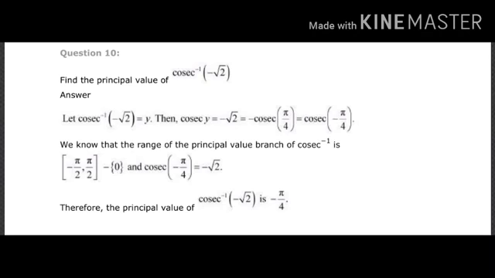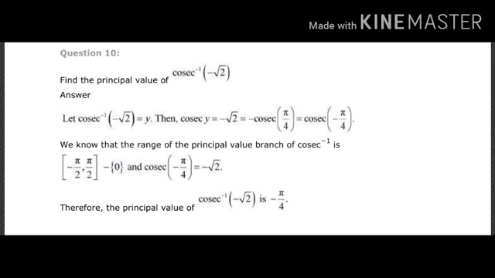Now question number 10 says find the principal value of cosec inverse minus root 2. Let the question equal y, then cosec y is equal to minus root 2. Root 2 is cosec pi by 4. If you take this minus inside, it will be cosec minus pi by 4. According to trigonometry, we are allowed to do this.